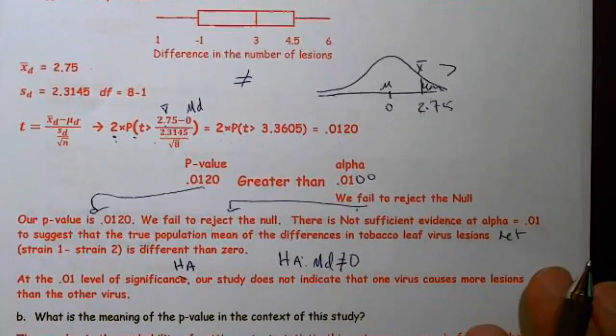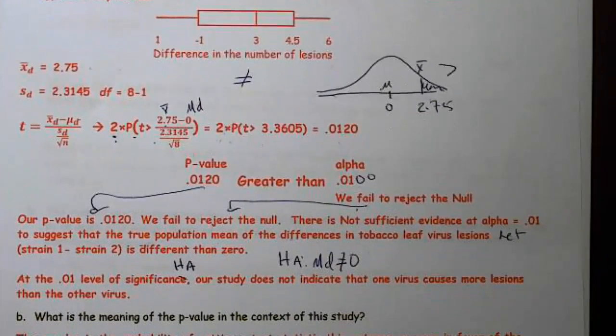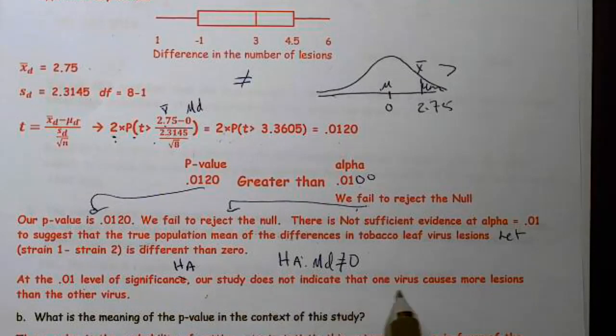Now, what can we say in common words? I want you to get used to writing this down. It wasn't required, but get used to writing this down. At the 1% level, in other words, at the alpha level they give us, what were they actually finding? Our actual finding in common words is our study does not indicate that one virus causes more lesions than the other virus, because we basically said it wasn't different than 0.